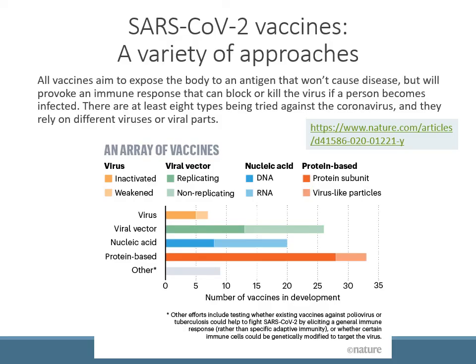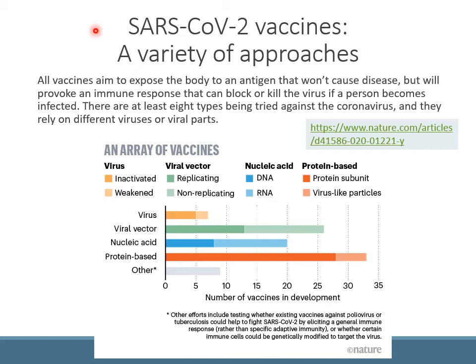Moving forward, I'm going to repeat some of the information on types of vaccines because we're going to look specifically at some SARS-CoV-2 vaccines and the approaches that are being used to develop a vaccine currently, going on right now. If you already have a great idea, you can stop now, it's fine.